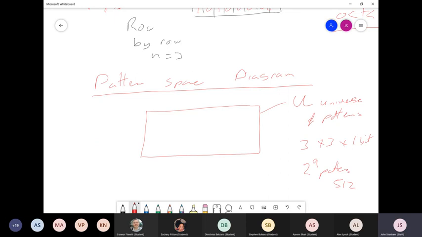Now for the T detector, we took 3 patterns. Those are the training set, and it represents a set in that universe. And let's call this TT, the training set.